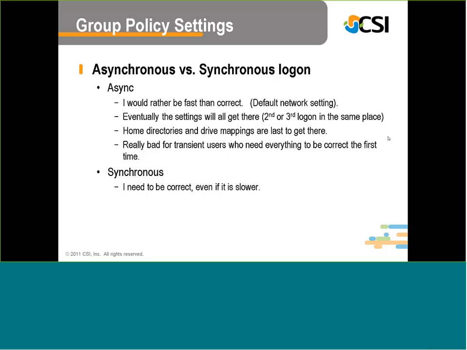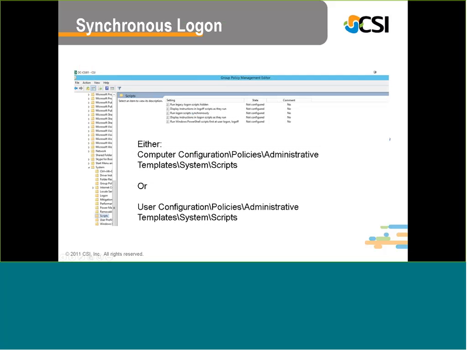So synchronous says I'd rather be correct, even if it's somewhat slower. So we basically have to set our networks to be synchronous for things like home directories and drive mappings. And everything I've ever touched is set that way. Now there's two places: there's a computer login script and there's a user login script. And if we look up here, run login script synchronously, that is the setting.